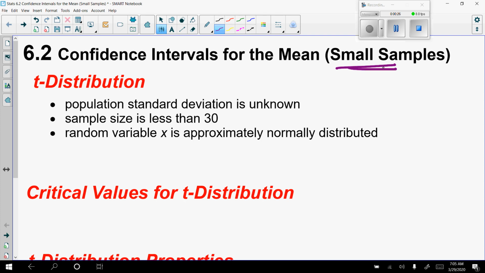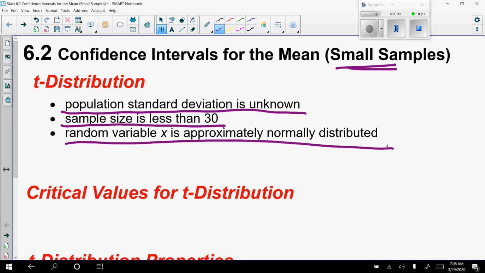Okay? So t-distributions are when the population standard deviation is unknown, the sample size is less than 30, and the random variable is approximately normally distributed. So those are our three conditions. We have to make sure that those are satisfied.